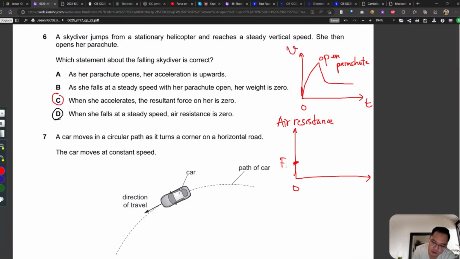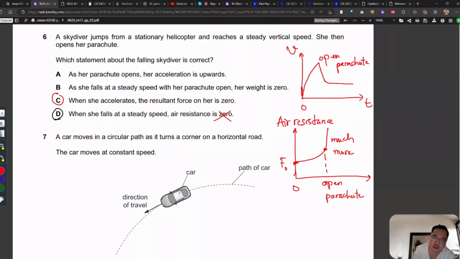From F0, it increases with the speed, and then suddenly increases even more, meaning at a higher rate, because when the parachute is open it is much steeper, much greater. Therefore, it is not 0.